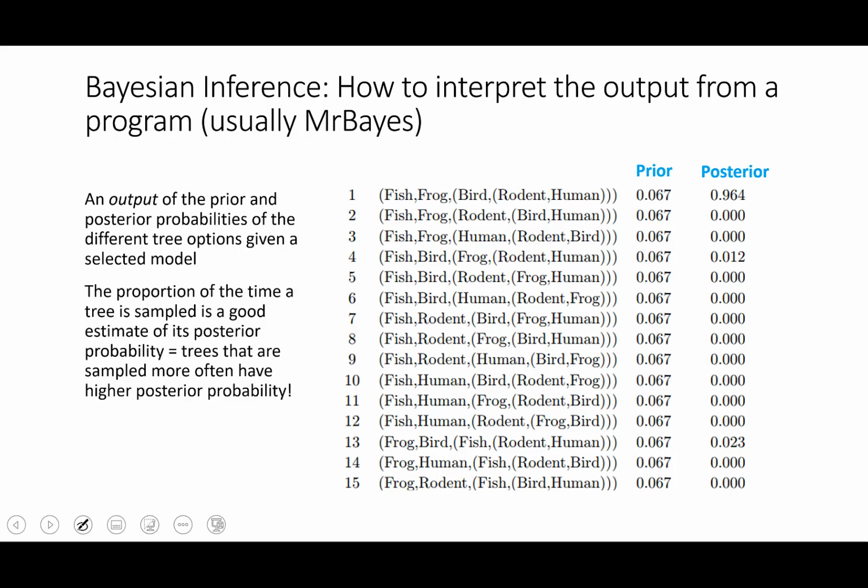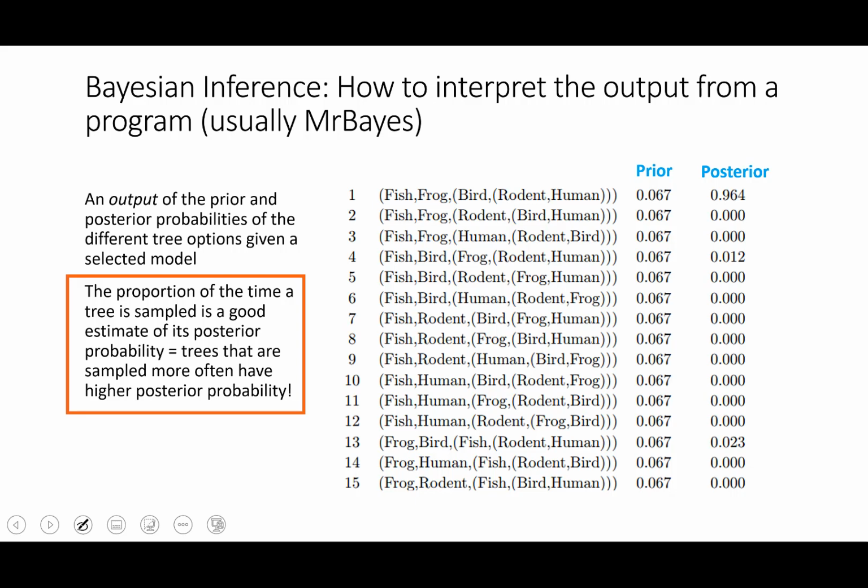Those trees that are sampled or found much more in tree space have a higher posterior probability. And this makes sense because once you've made it to the hills and the top parts of tree space that we consider to have a higher posterior probability, it is very difficult to make a step down.